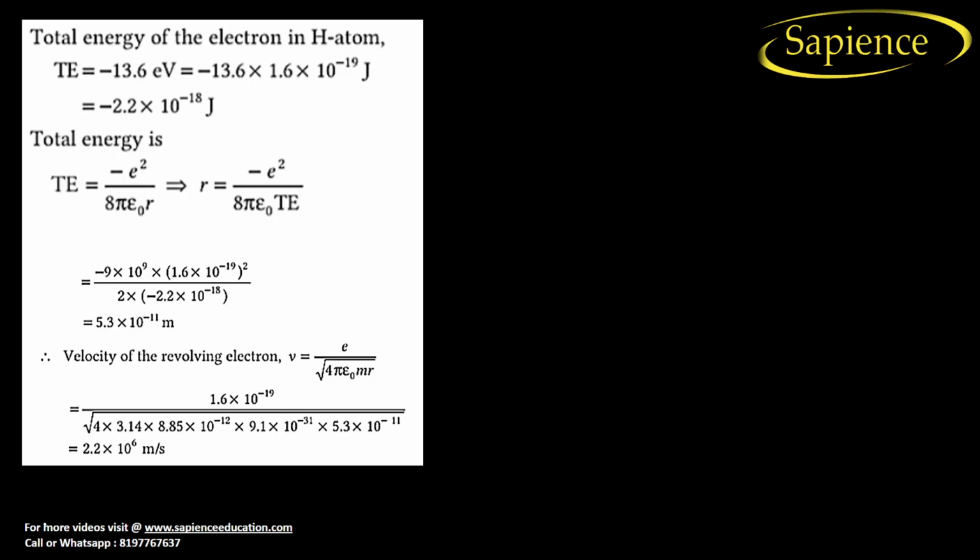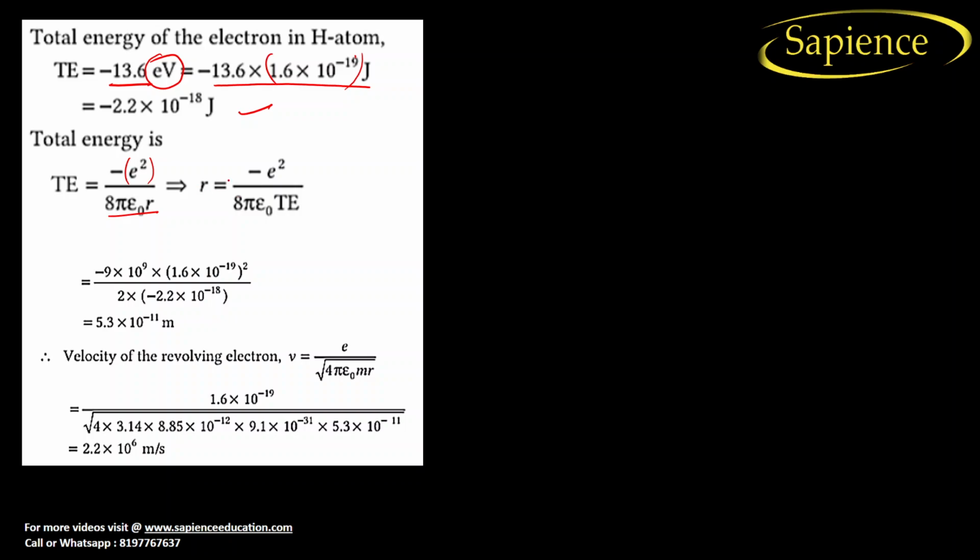See here, as we know that total energy is equal to minus 13.6 electron volt, and we need to convert this into joule, so you need to put the value of the electron charge. Now total energy is equal to minus e square by 8 pi epsilon naught r, as we have just studied.